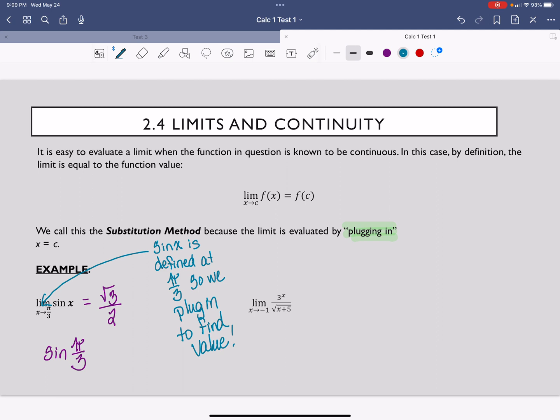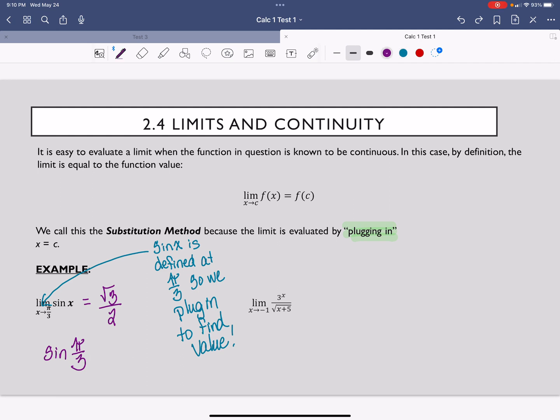So this one right here, the limit as x approaches -1. We're in good shape right here because -1 is a defined value. Plugging -1 into the numerator and plugging -1 into the denominator doesn't make this undefined. So all I need to do here is use the substitution method, and we're going to plug this in.